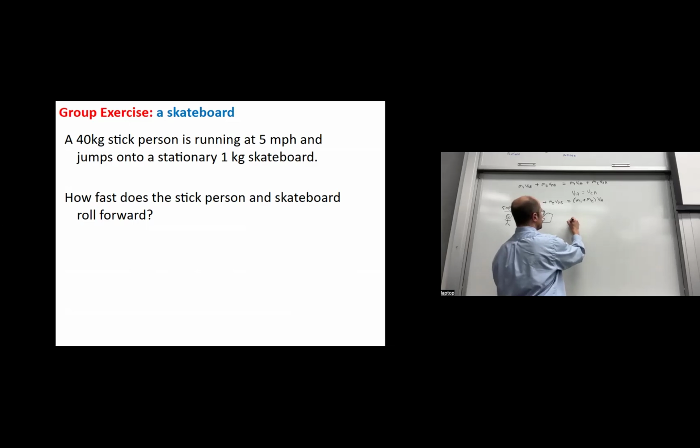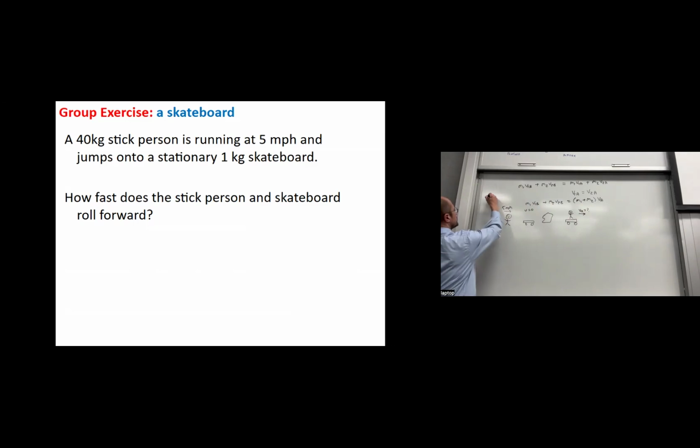After the event, they're moving together with some V after that we do not know. Now they do tell us the mass of the person is 40, and the mass of the board is 1. Is everyone good with that?